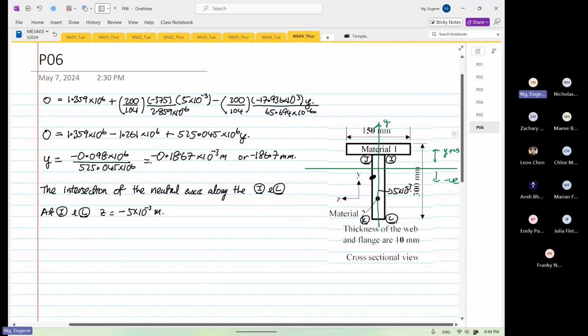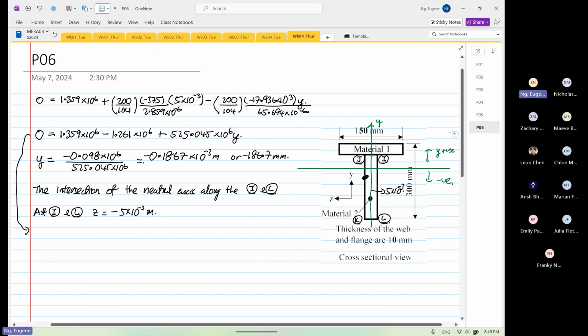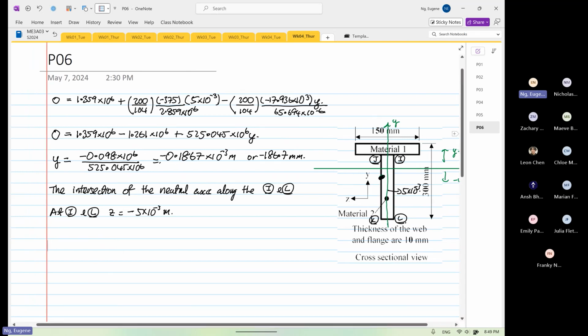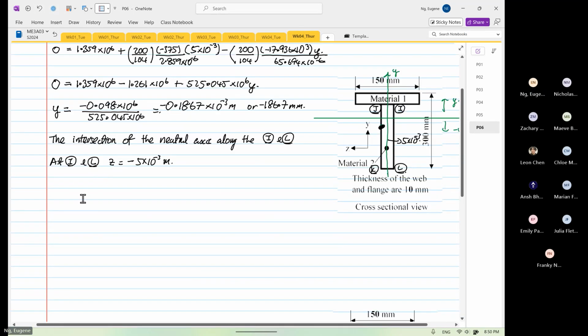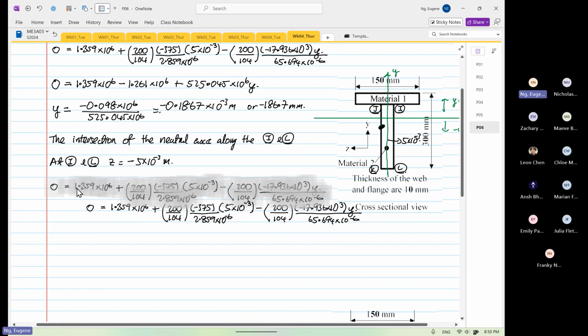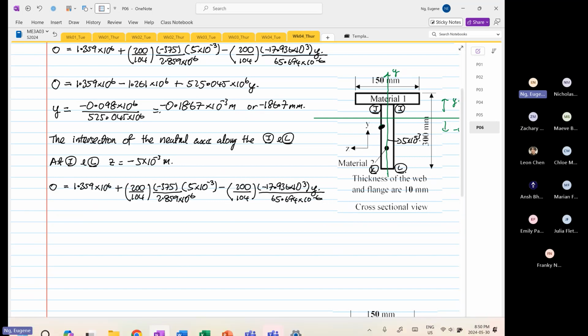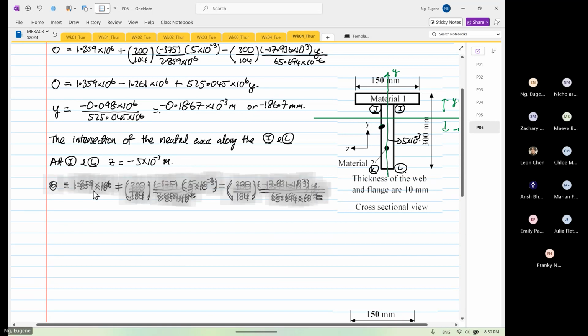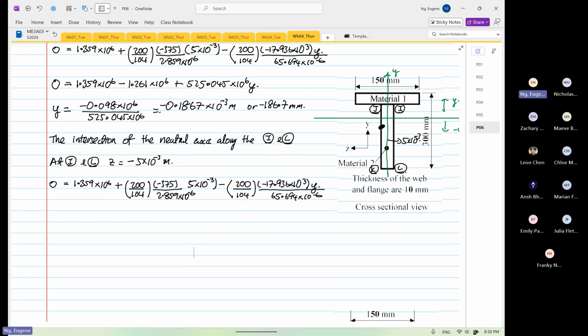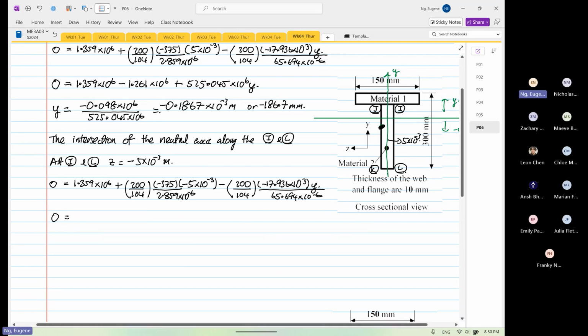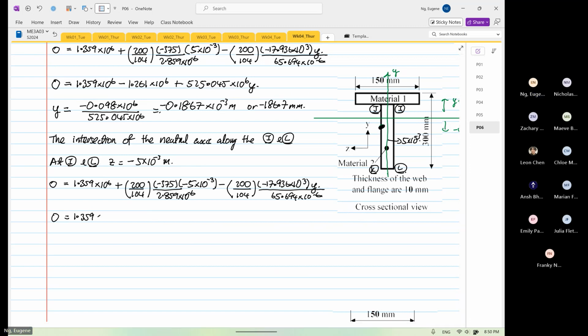If we transfer this whole thing into here, the only thing that is different now is that you use the same equation, and you put a minus over here, because it's our Z. So this will be 0, and this will be equal to 1.359 times 10 to the power 6 plus 1.261 times 10 to the power 6. And then the last one is still the same.